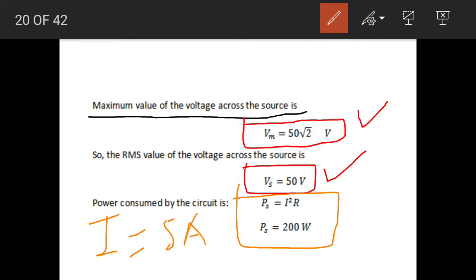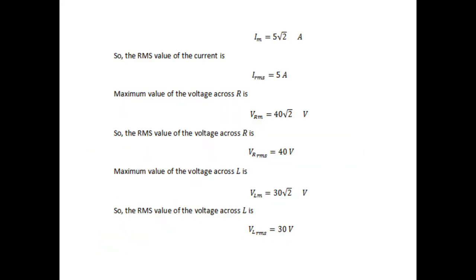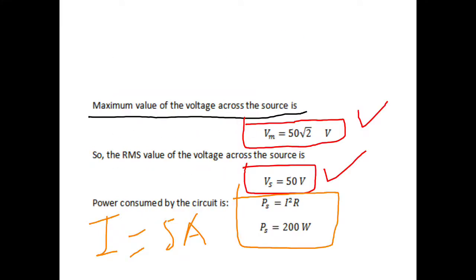Is it 5 ampere? Let me check it. Yes, it is 5 ampere. So the RMS value of the current is 5 ampere. So if we simplify this equation, the power consumed by the entire circuit is 200 watt. In other words, the power delivered by the source is 200 watt.